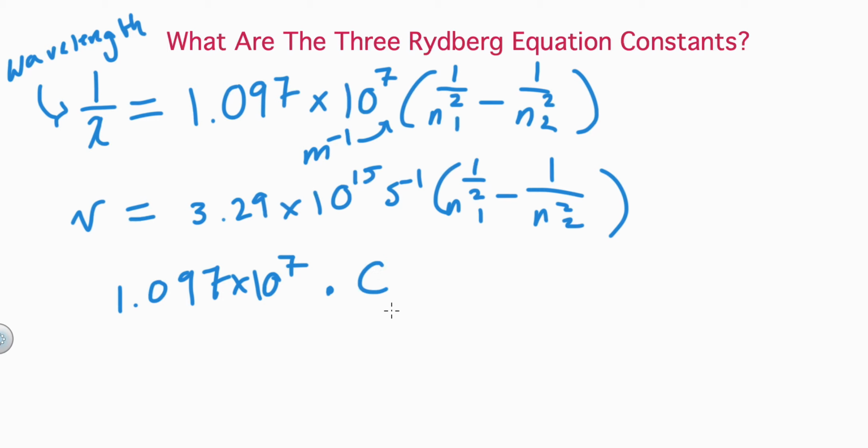Okay, the constant for the speed of light, which is equal to 3 times 10 to the power of 8. And once you solve that, you get 3.29 times 10 to the power of 15. And obviously, speed of light, it changes to over seconds instead of over meters. Okay. Now, that's for frequency.